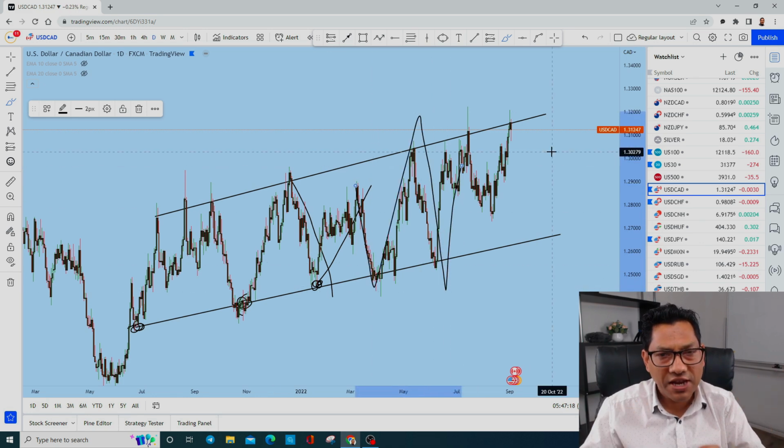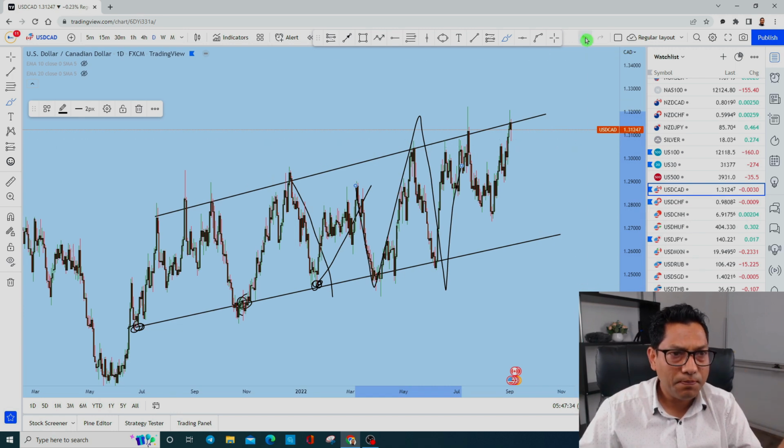As a beginner, or even trading for some time, when you are trading in a channel, if you buy from the support with a proper stop loss and take profit and sell from the resistance, you will never lose money as a trader with proper risk management.